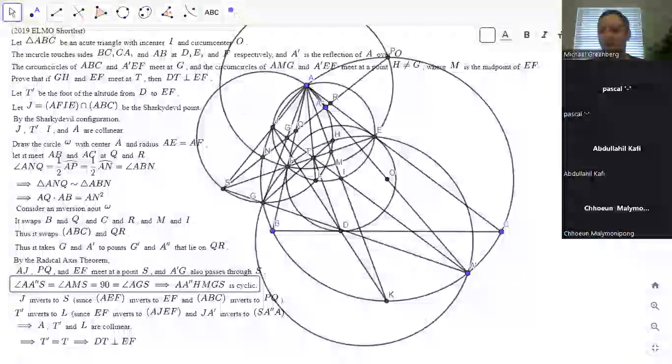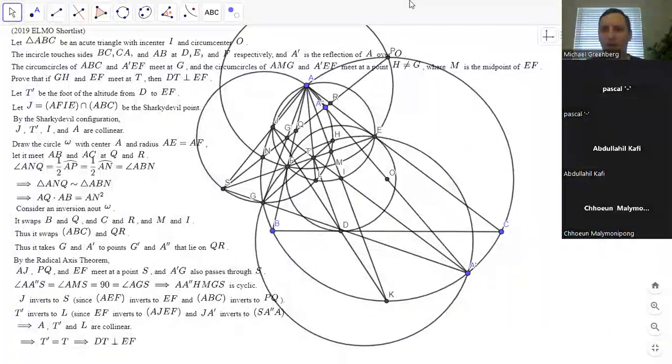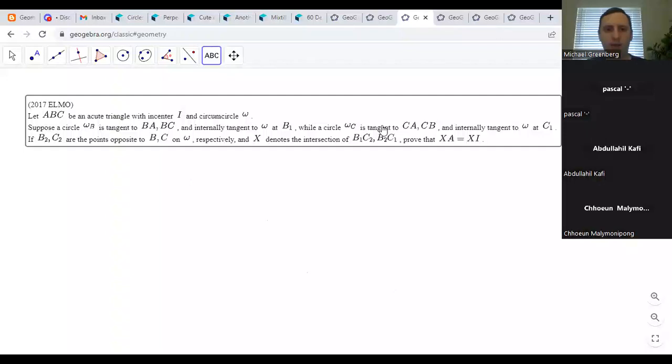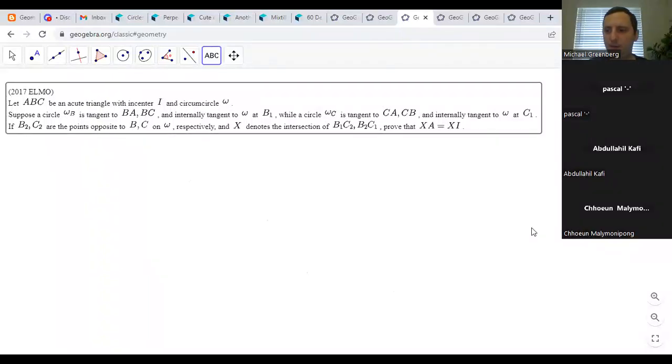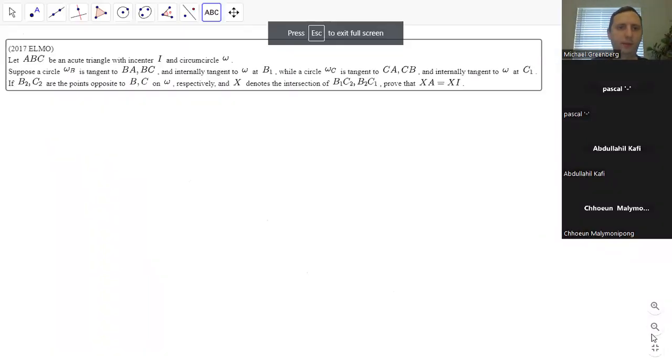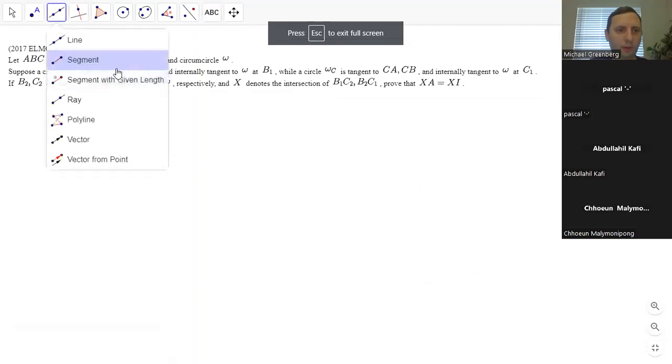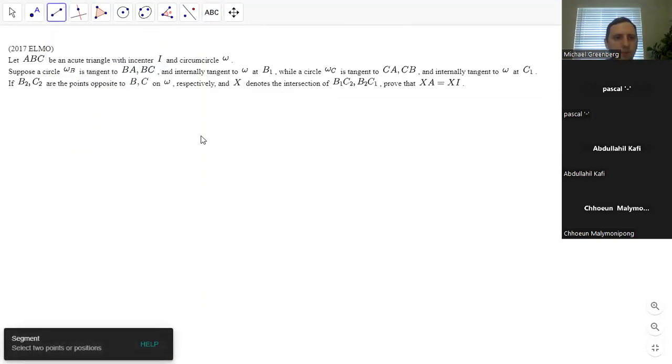It's a fun diagram. Okay, so let's try this problem. So we have two mixtilinear incircles.